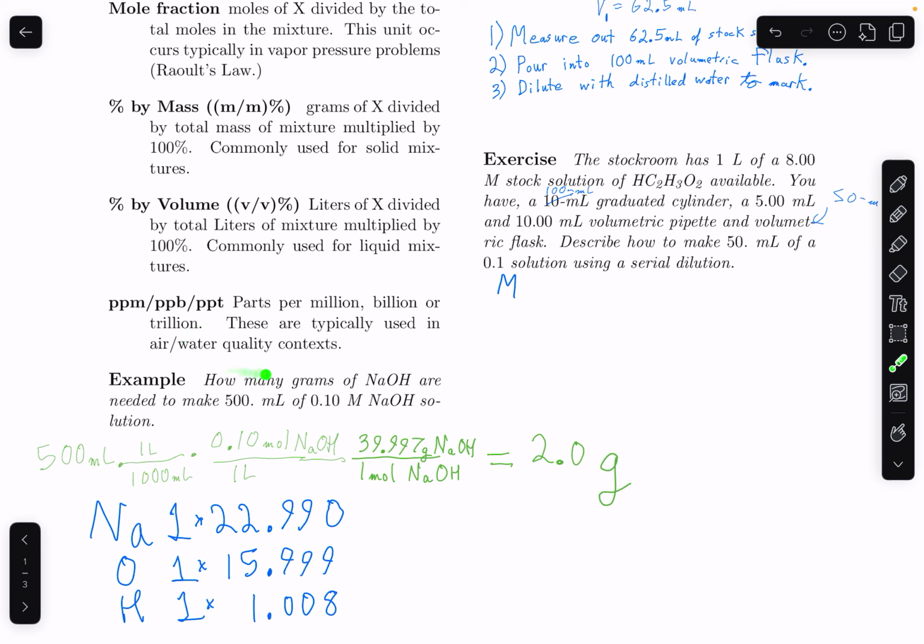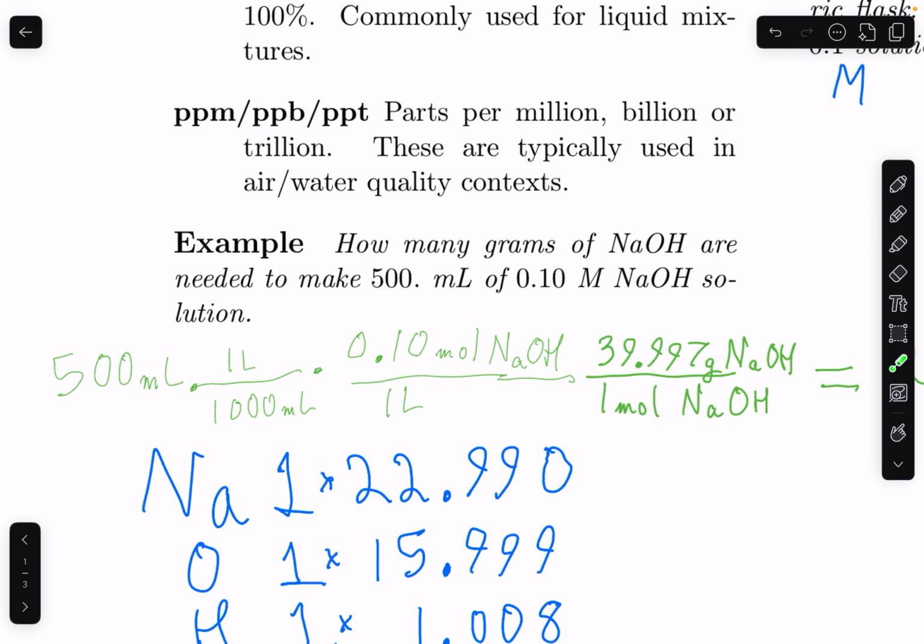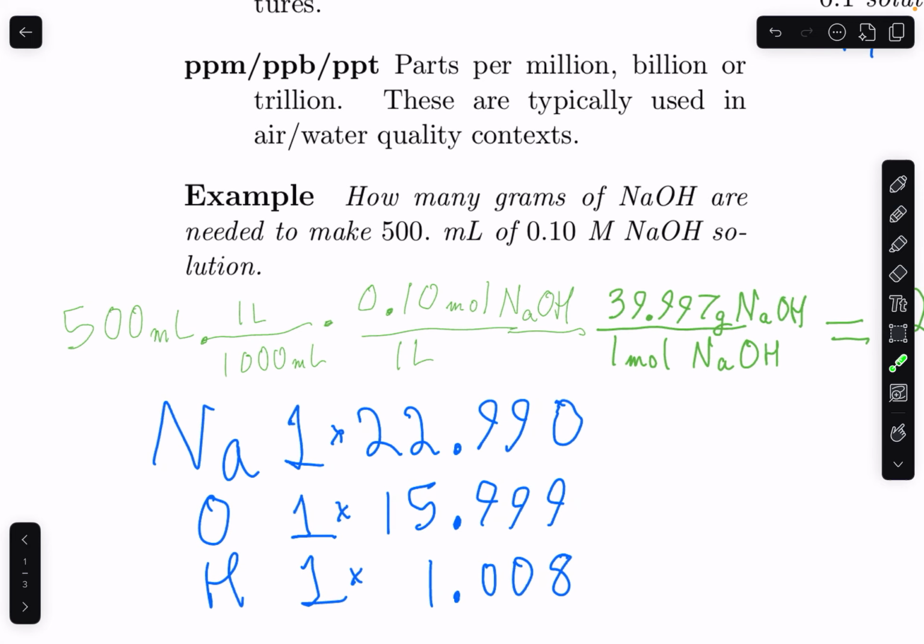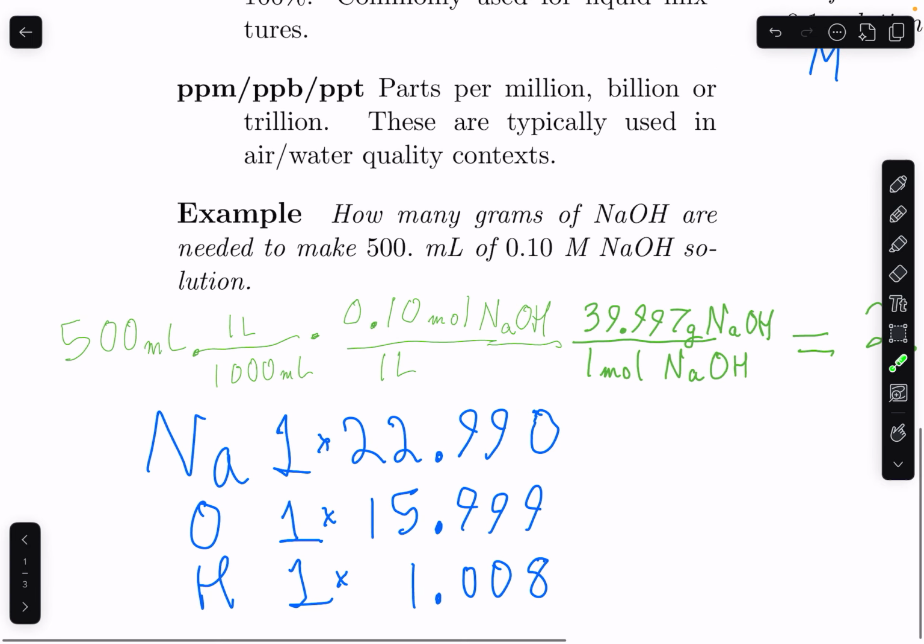They're typically used in air and water quality contexts, but also if you're concerned about a particular impurity, you might see some chemical bottles that say less than 5 ppm or 5 ppb, and then state a specific impurity. That's just guaranteeing that certain impurities have been especially tested to be below a certain level in that mixture.